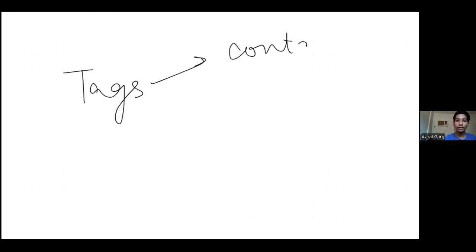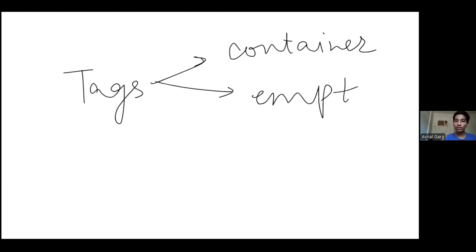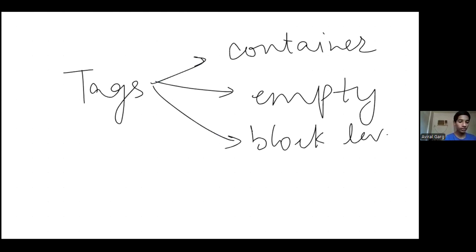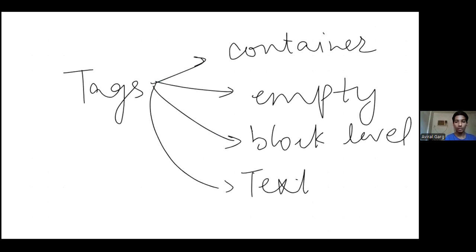Tags in HTML are of 4 types. Container tag, second is the empty tag, third is the block level tag, and the fourth is the text level tag.